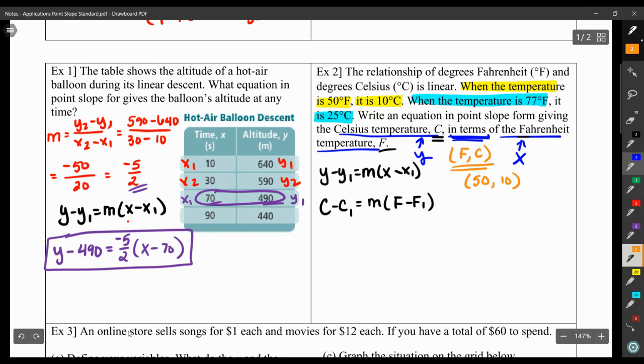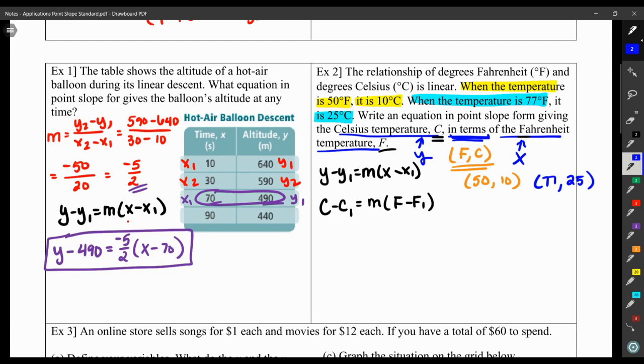Then the second coordinate they gave me is when the temperature is 77 degrees Fahrenheit, it is 25 degrees Celsius.